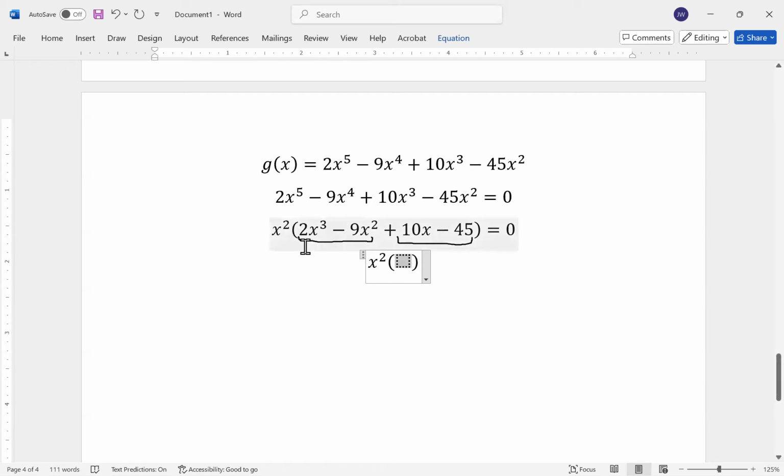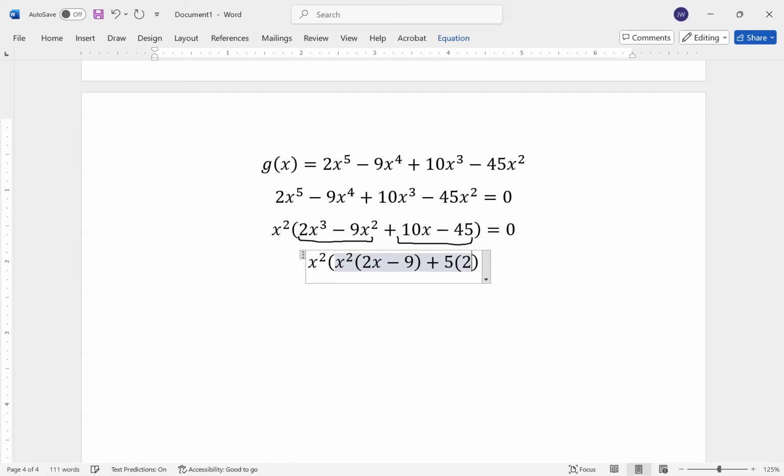Because when I factor out the greatest common factor here, I'm just going to be factoring out an x squared. I'll be left with 2x minus 9. When I factor out a greatest common factor between 10x and minus 45, it will be a positive 5.